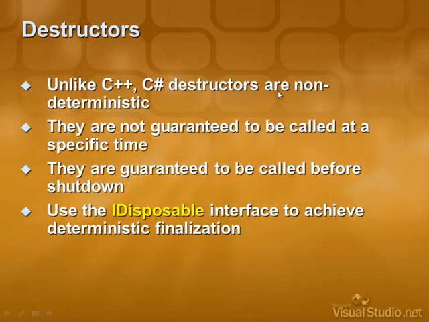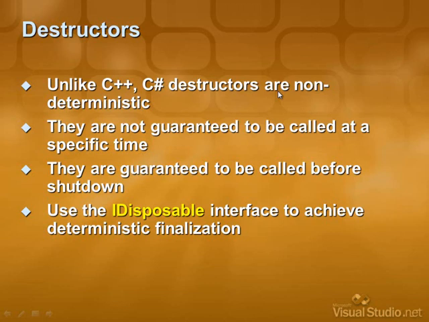What is the meaning of non-deterministic? You can't say, okay, I have removed all the references, now the destructor will be called. It is not. The destructor will be called by the garbage collector, and it is dependent on the mood of the garbage collector. When it wants to call the destructor, it will call on its own. You can't force the garbage collector and say, you collect it now. It says, I'm not free now. When I'm free, I will go and collect it.